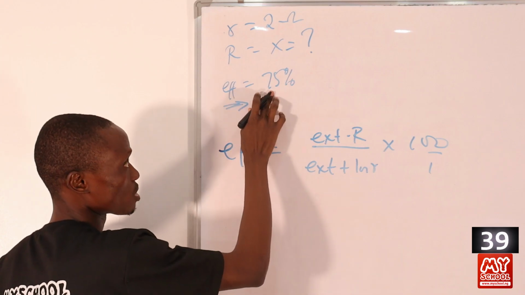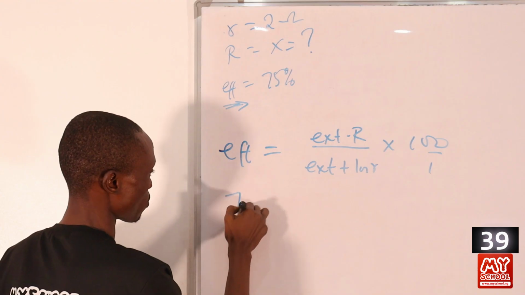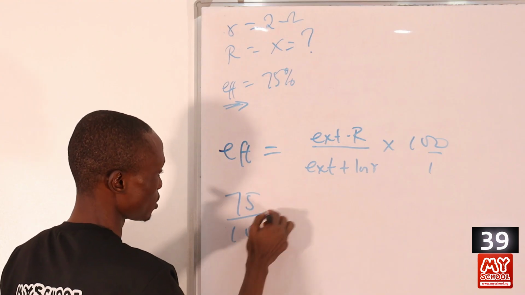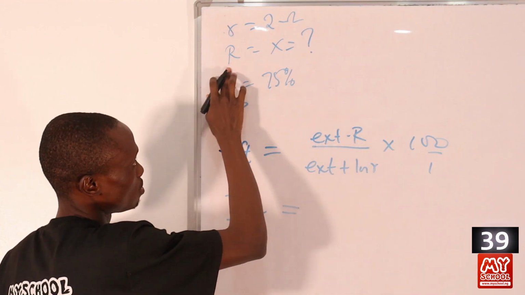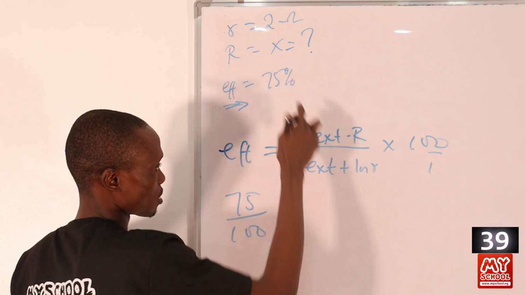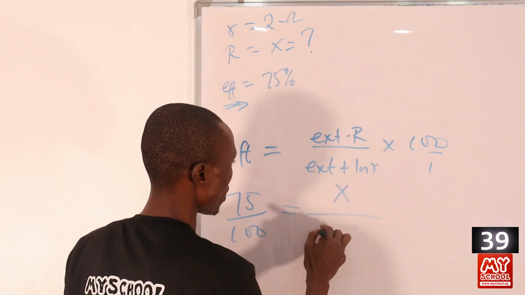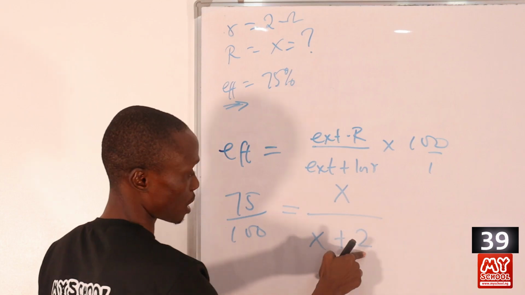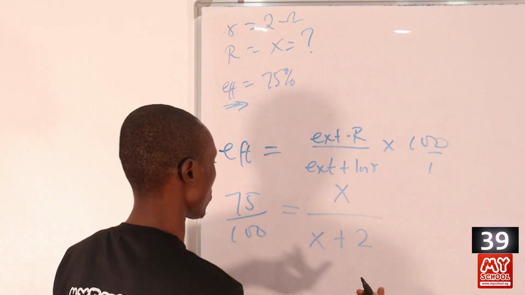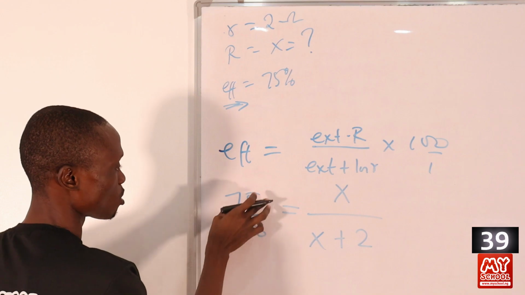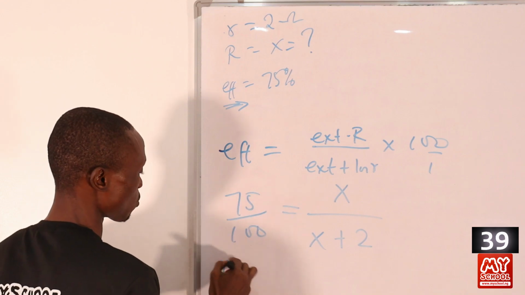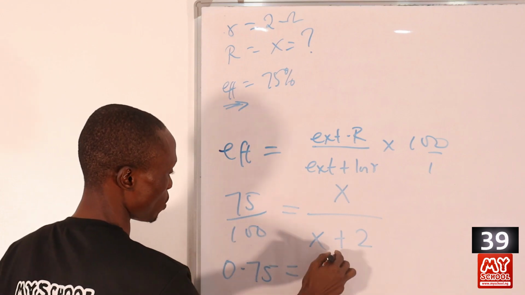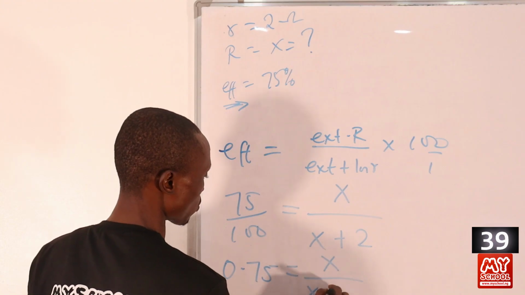But in this question the efficiency of the cell is given to us as 75%, so we write 75 over 100. Here they said the resistance is X, so you'll be having X all over X plus 2, for the internal resistance. So we just cross multiply, or let us just divide. If we divide by 100, we have 0.75 being equal to X all over X plus 2.